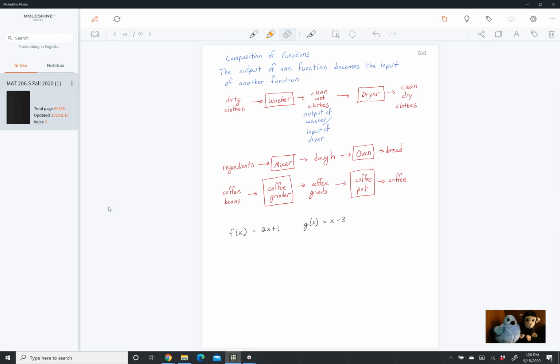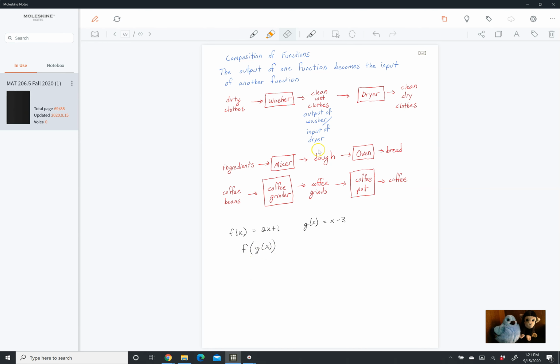We are saying, remember, g of x together is an output. The inputs of each of these right now are x. So what we're doing is we're going to say, okay, well, instead of the input of one of these functions being x, we're going to make the input the output of the other function. Okay, just in case that was confusing, let's write it. Instead of the input of f being x, the input of f is g of x. Right?